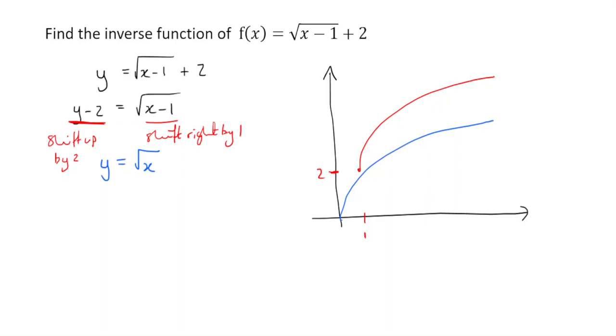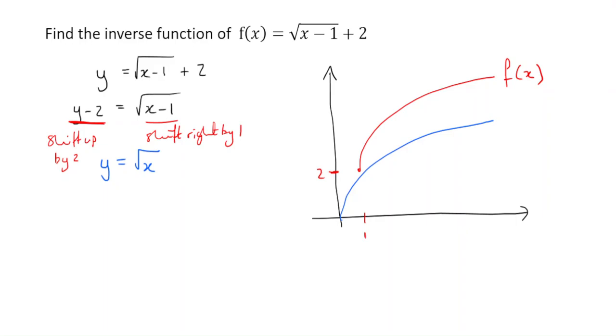Because we've taken the original function, the blue function, we've shifted it to the right by 1, and shifted it up by 2. So this thing here is f of x. Okay, that is f of x. Having done that, let's now ask the question, what is the domain and what is the range of f of x?